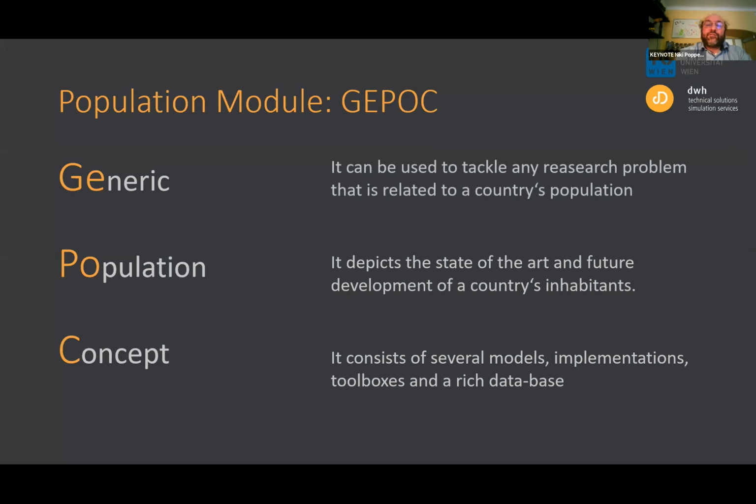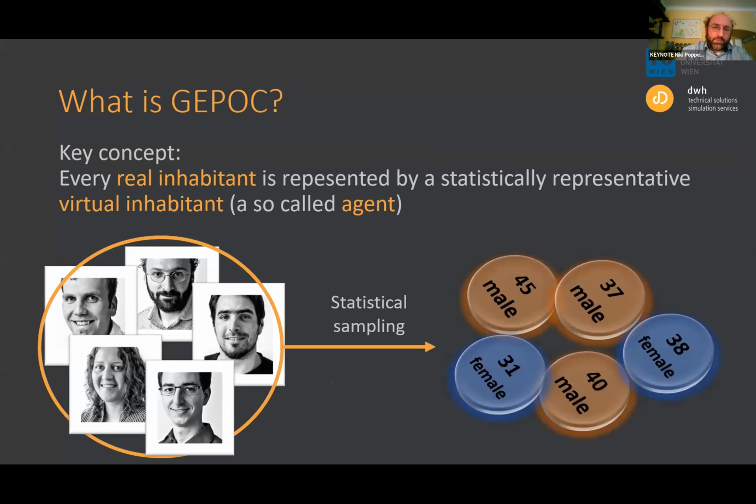Because it's used for different applications, for different illnesses, for different treatments, and can be adapted not only for Austria but also for other countries, and can include several changing data resources with different modeling concepts. To mention a few, we have an agent-based concept, a system dynamics concept, and a discrete event concept implemented.